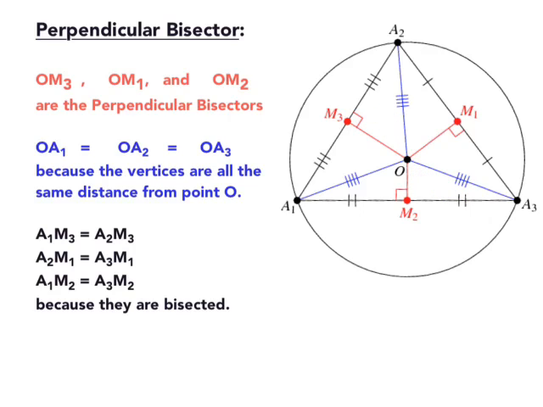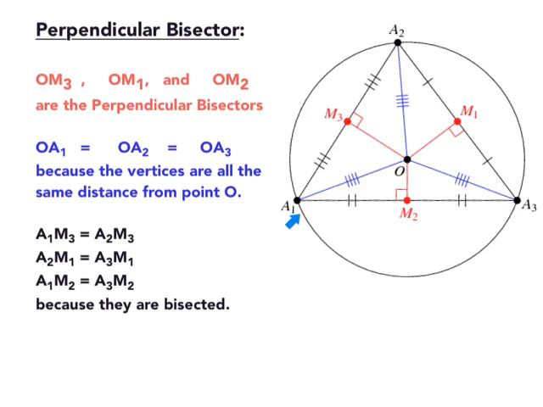Our last part of our problem here is the bisecting, so the segments. You can see that A1 M3 is congruent to A2 M3. Also, A2 M1 is congruent to A3 M1.